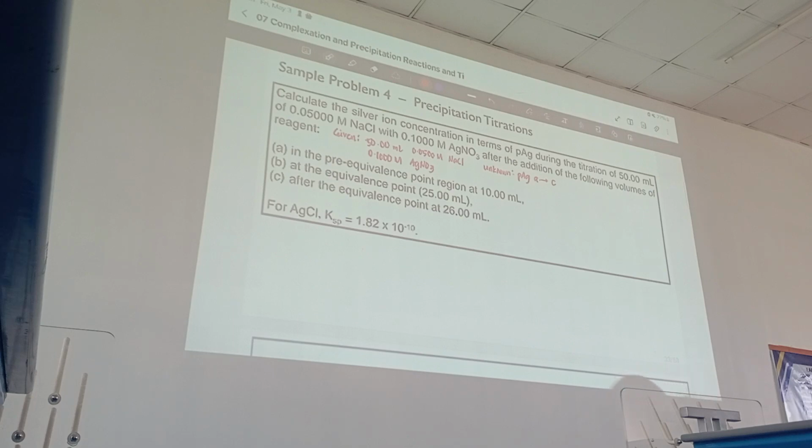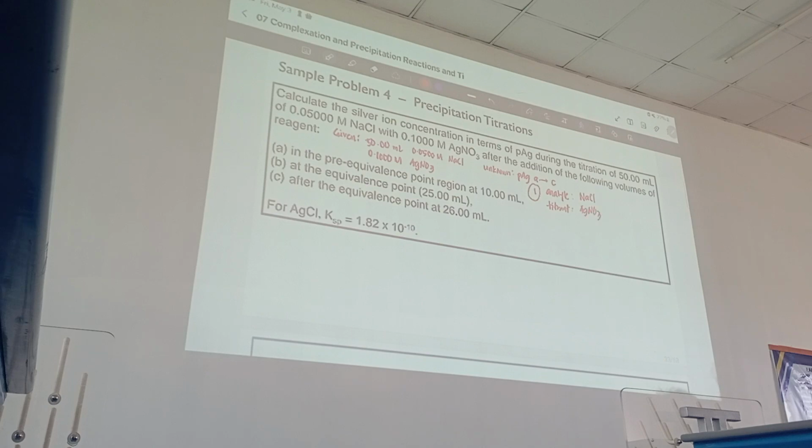Second, balance the chemical equation. Then third, the equivalence point. The titrant is the clue; the analyte has a fixed volume and concentration. Therefore the analyte is NaCl and the titrant is AgNO3.